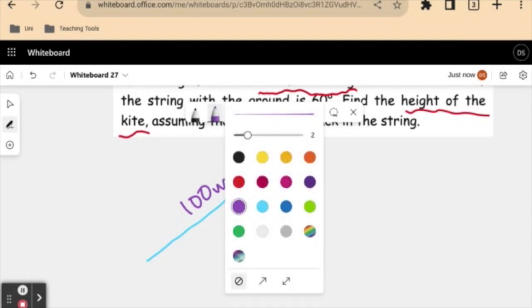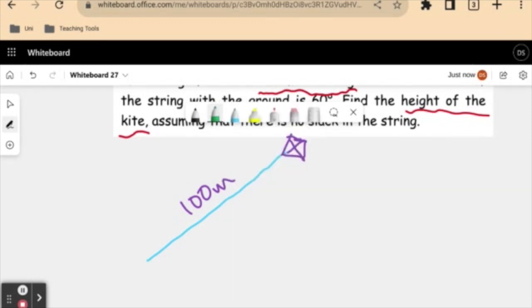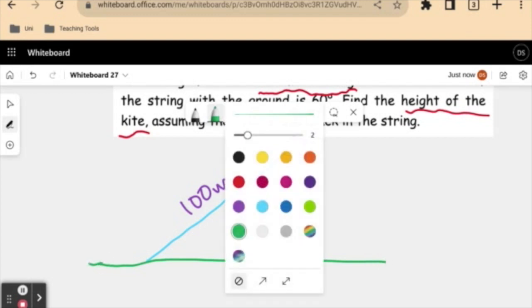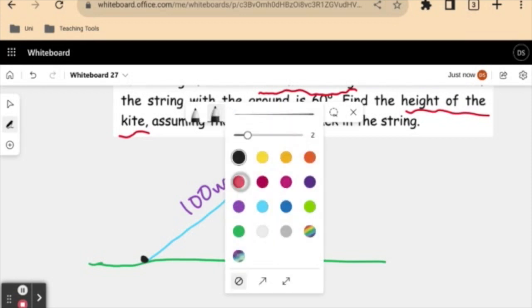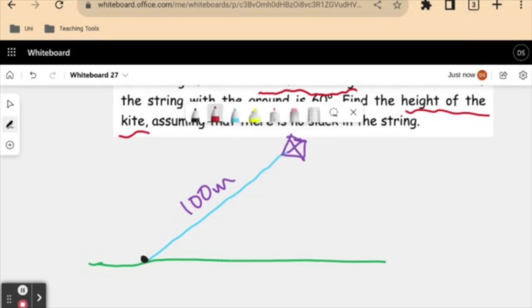Say I'm at a park and I've just left this on the ground for a minute, holding my kite down with some weight here. So that's getting held. The string is inclining, and that makes a resulting angle with the ground of 60 degrees.